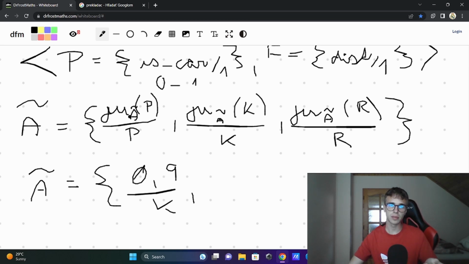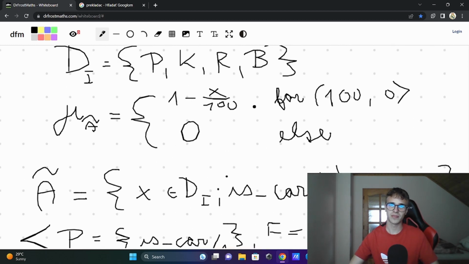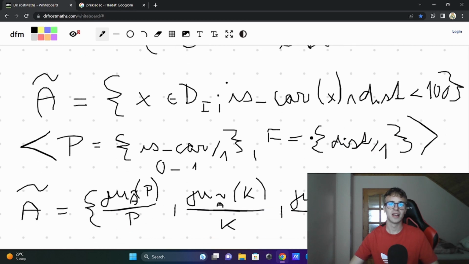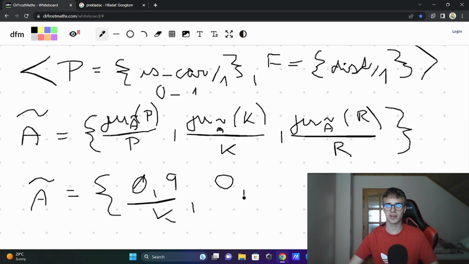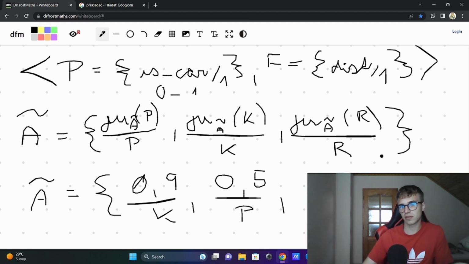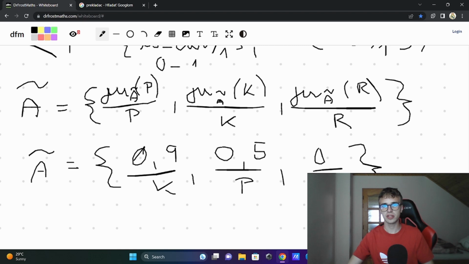And the Porsche was 50 meters from the car in front of the Porsche, so we apply the same function for this interval, and it will give us the value of 0.5 for the Porsche. And the Renault was on an empty road, so there was no car in front of Renault, so we will have value 0 for Renault. So no force will be applied on the brakes of Renault, and this will be our final result for range values of our fuzzy set.